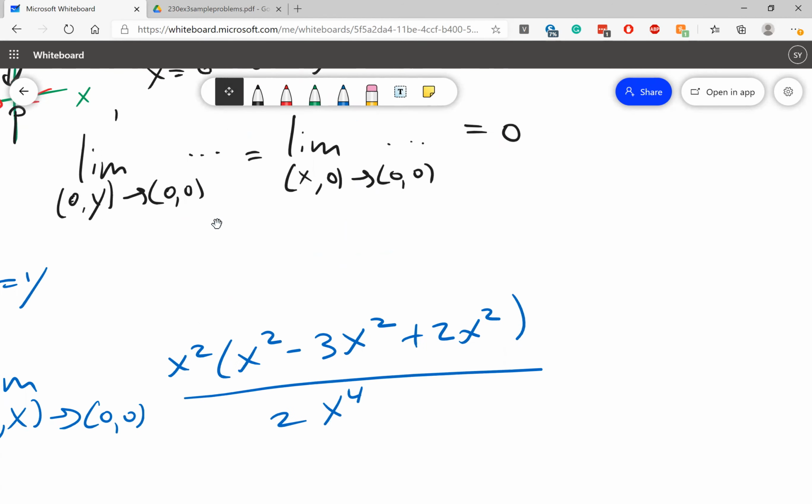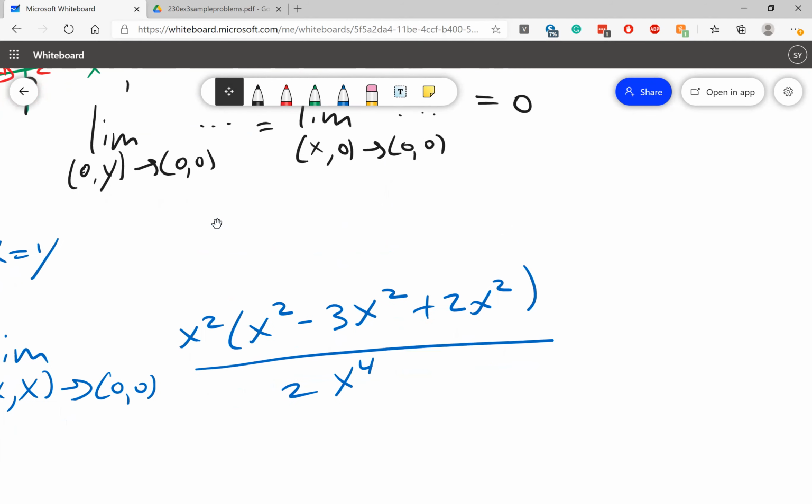This part over here would be minus 3x squared plus 2x squared, which would be negative 1x squared.